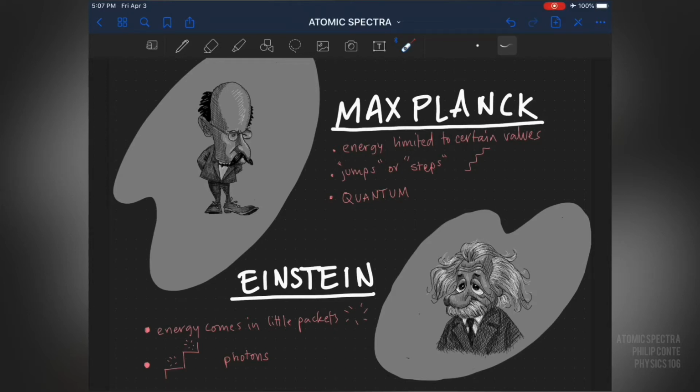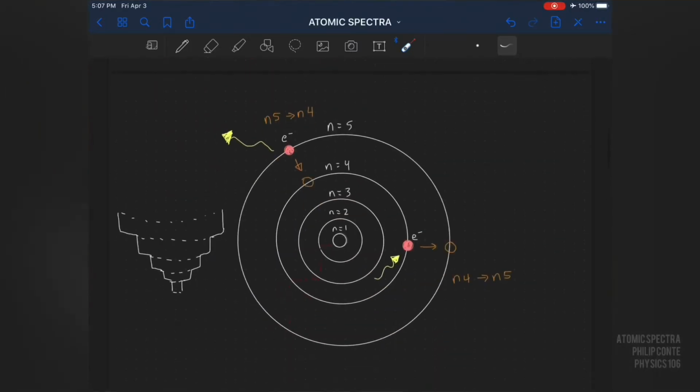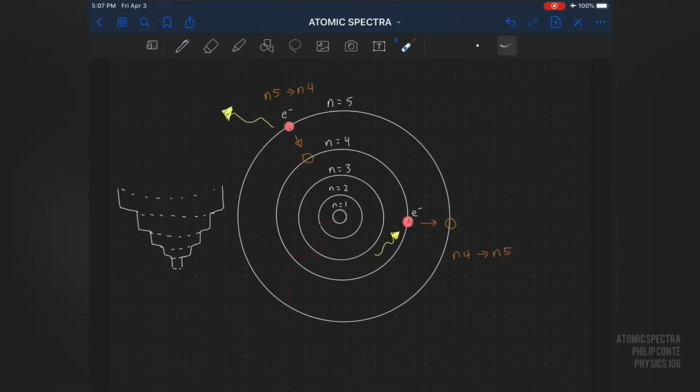a slope. To provide an illustration of this concept, we can see that electrons can only exist in certain spaces around the nucleus. These areas we call shells. This is what Planck meant by energy being limited to certain values. For example, let's say one of these electrons is floating around the nucleus in its orbit, and along comes a photon, or a packet of energy, and the electron absorbs it.